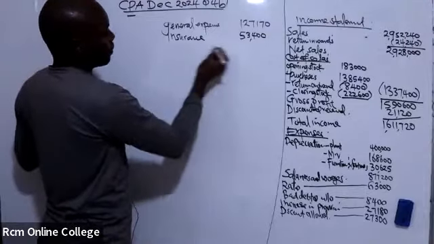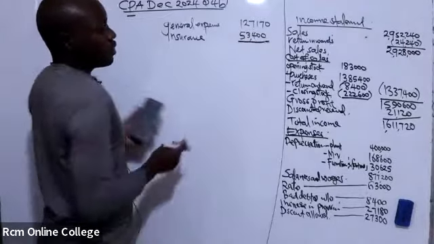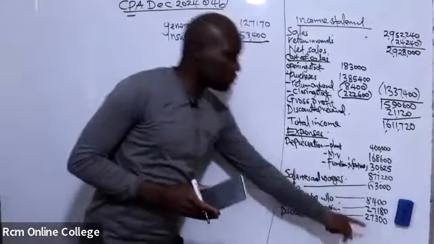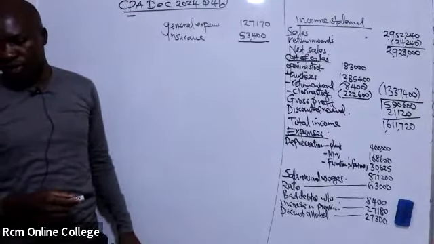Just all those ones for me. So can we get total expenses? Add all these expenses plus these two. What will you have?